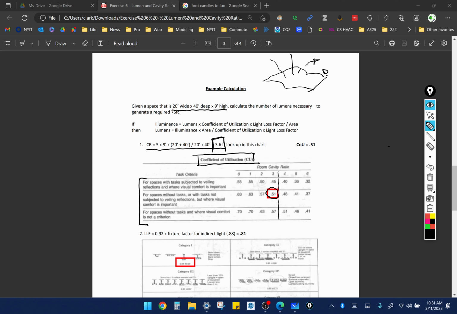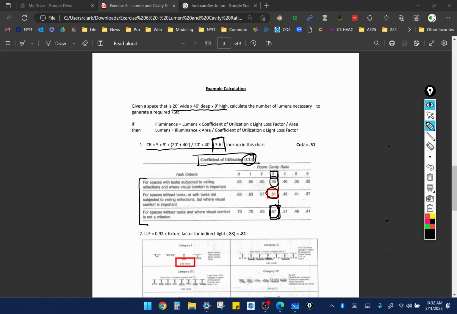And so if we're saying that the space has veiling reflections and visual comfort is important, then our coefficient of utilization is going to be smaller for the same cavity ratio. If we have a space without tasks where visual comfort is not a criterion, it's larger. So this is just a way of creating a coefficient of utilization based on what we're doing in the space.